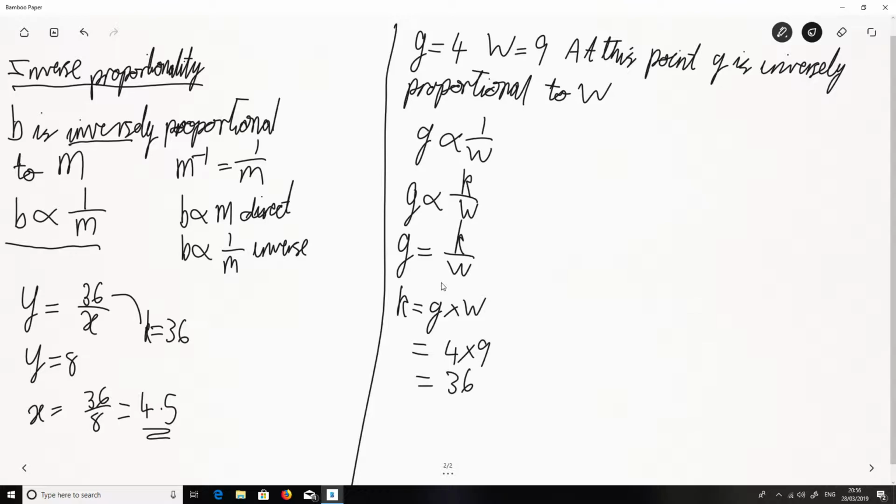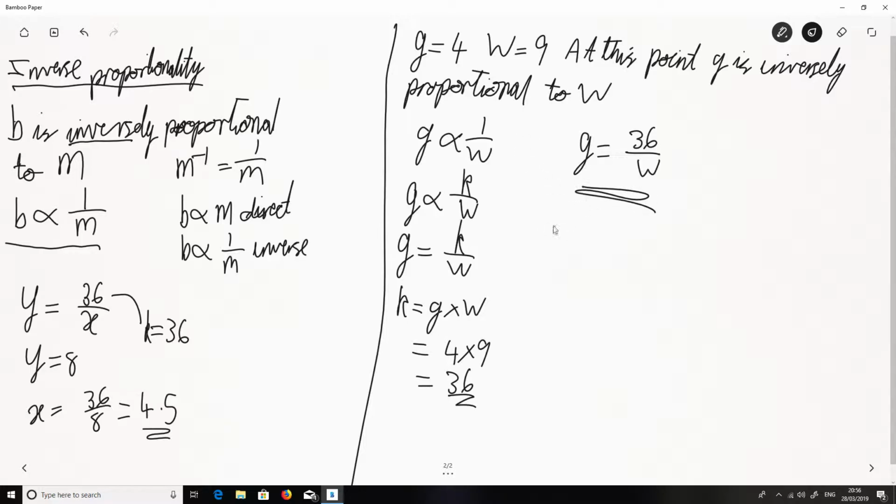So that means our overall equation for G and W is G is equal to 36 over W. So that's our equation, which we've been told to calculate.